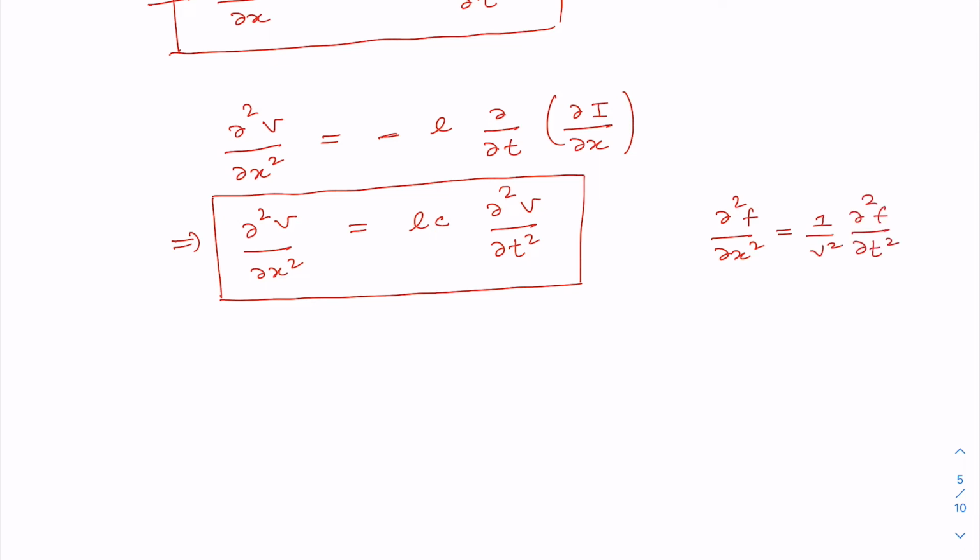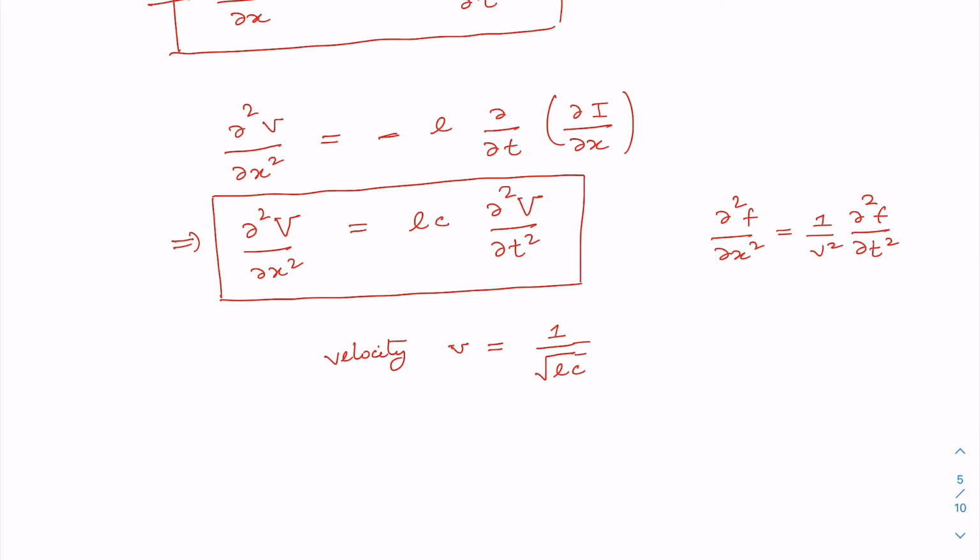From the classical wave equation, the velocity, don't get confused, this V is capital V, voltage, and the velocity, small v, is equal to 1 divided by square root of LC.